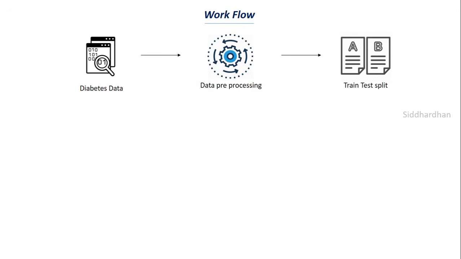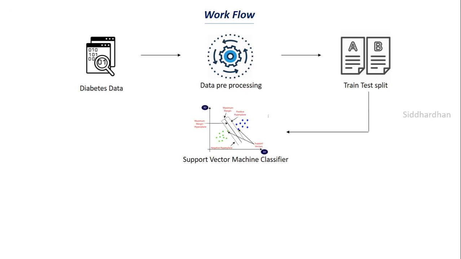Once we pre-process the data, we split it into training and testing data. We train our machine learning model with the training data, and then we find the accuracy score of our model with the help of the test data. It tells us how well our model is performing. Once we split the data, we feed it to a support vector machine model.